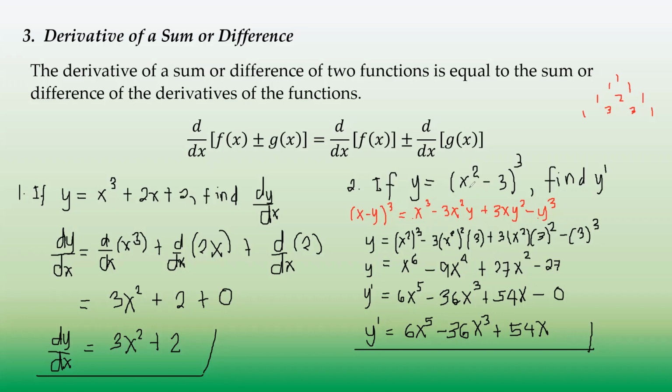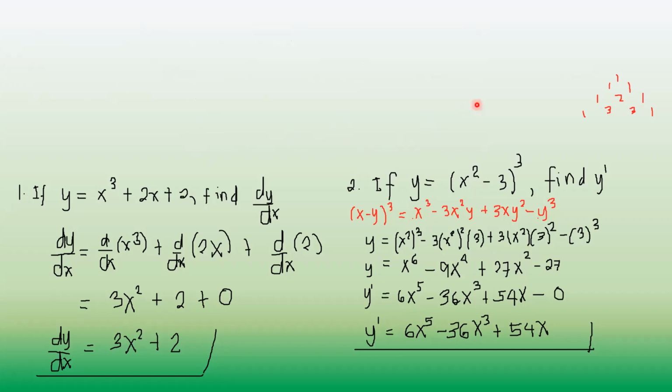Okay. Next. So we're going to erase. Okay. Another one. We have number 3. If y is equal to quantity, let's say, bago tayo ng variable, gawin natin ibang letter naman.